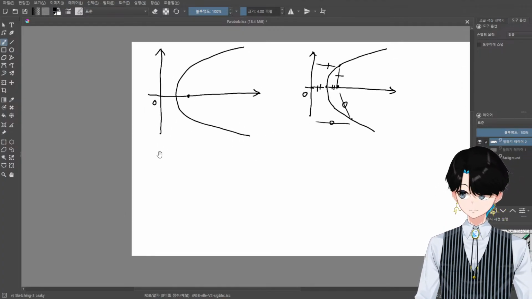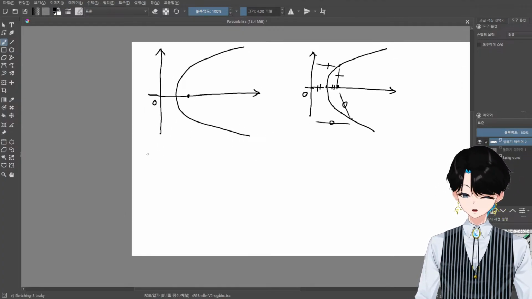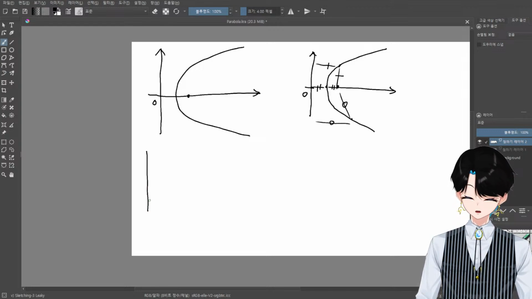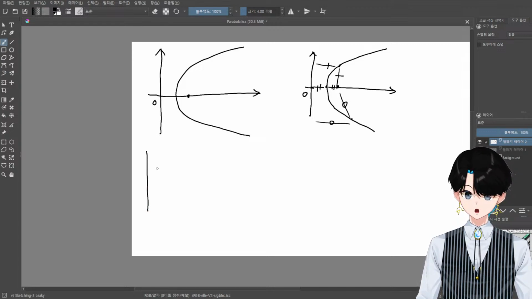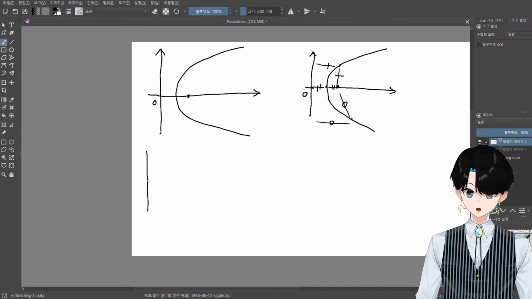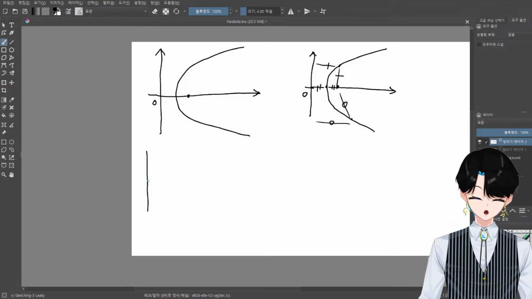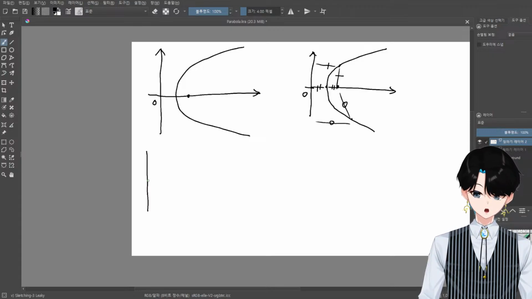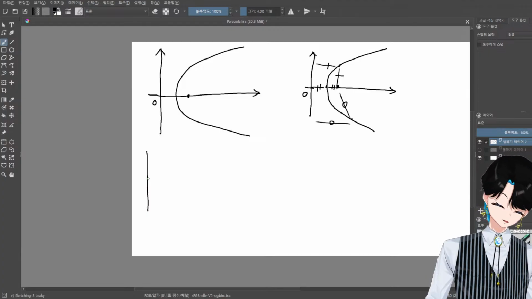This is what is called the directrix. There's one directrix. Wait a minute, how did it go?